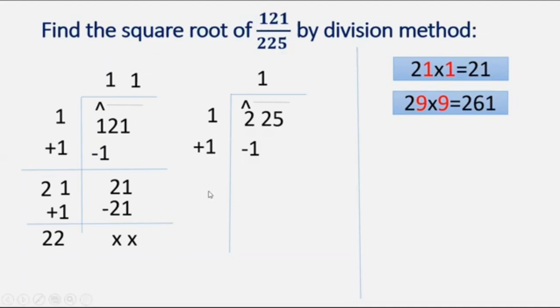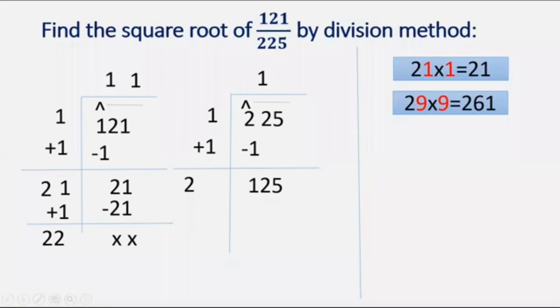Now I want here a number which multiplied by 25 gives 125. 5s are 125. So here we need 5. The number which we need here is 5.